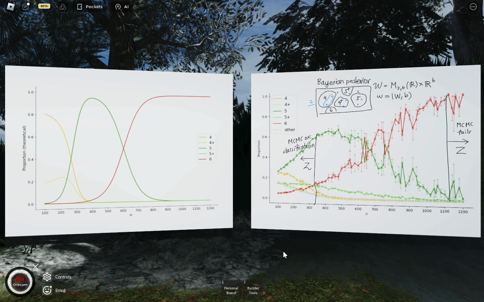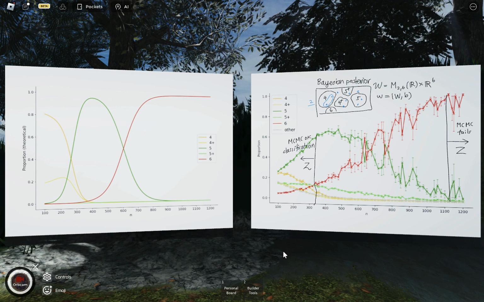And the dramatic feature you can see here is that for low n, the 5-gon phase is dominating, meaning that when you sample from the posterior, mostly what you get are WB combinations that not only have 5 non-zero columns, but actually are 5-gons in a precise sense. The 5-gon is some particular class of parameters which are critical points of the loss, and we know exactly what that is, and the samples are like that.